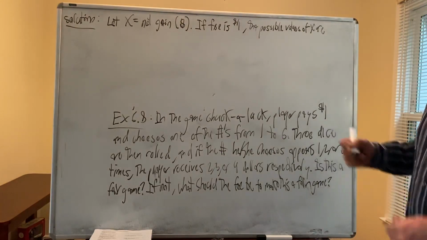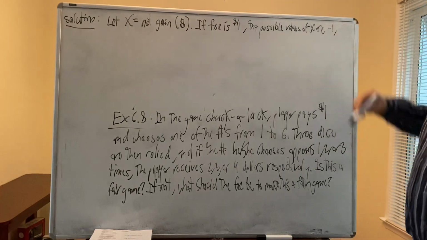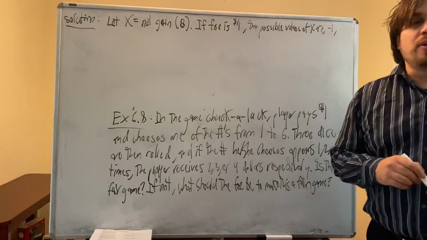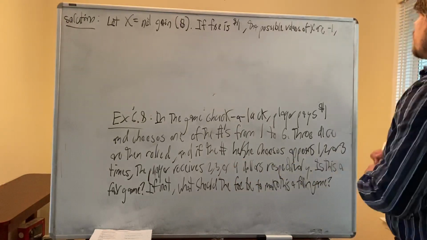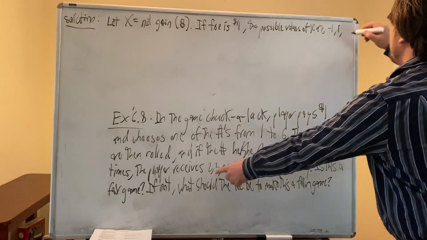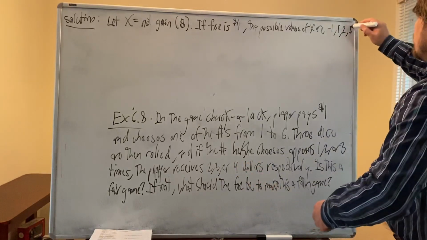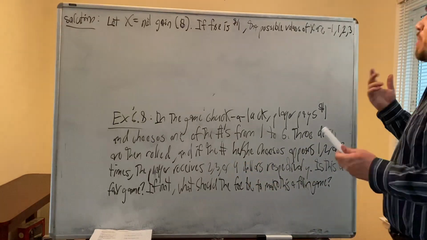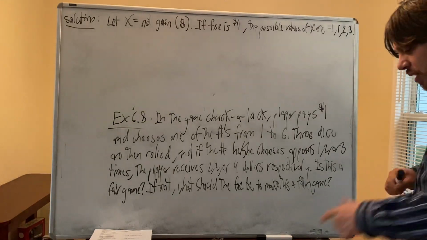So if the player gets back $0 and pays $1, the net is -1. If the player makes $2 but paid $1, it's a net of 1. If the player makes $3 but paid 1, it's a net of 2. And the player makes $4 but paid 1, the net is 3. And so the possible values of X are -1, 1, 2, and 3.